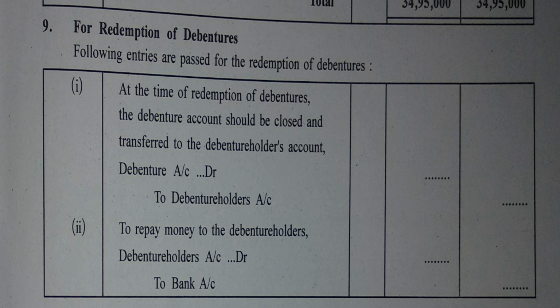This simply means that this much amount is to be paid to debenture holders. And second journal entry is about the payment of amount to debenture holders. So debenture holders account debit to bank. These two journal entries are for redemption of debentures.